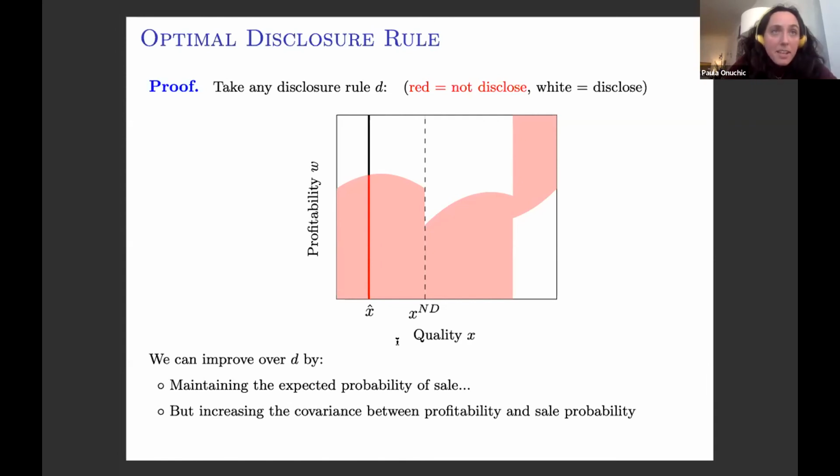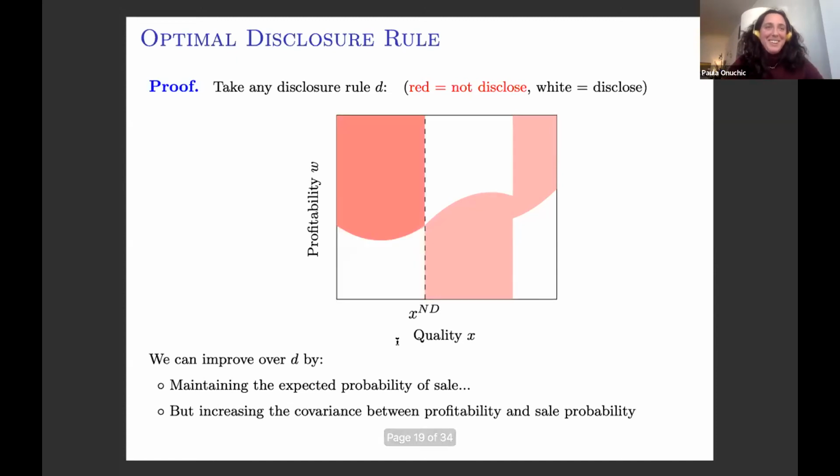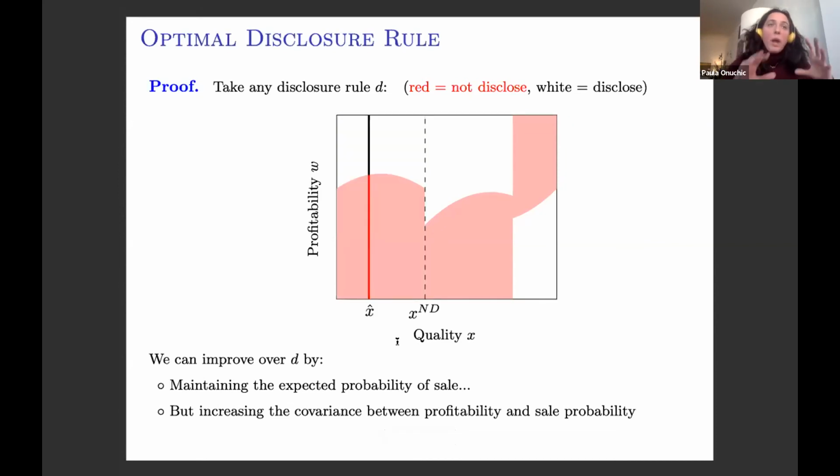So in this case, I could maintain the expected probability of sale, but increase the covariance between profitability and probability of sale by flipping this, okay? What I did here is, to the receiver, it doesn't matter whether I am hiding when the profitability is low or whether I'm hiding when the profitability is high, because he doesn't care about the profitability.